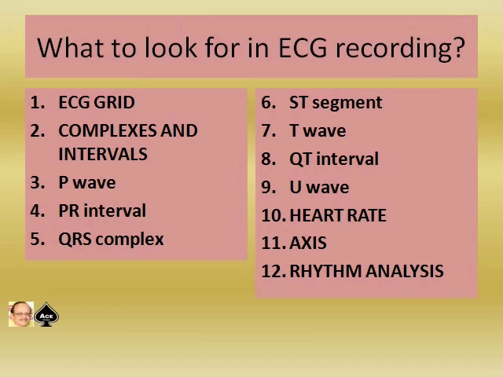When you get an ECG recording, there are mainly 12 points which you have to look for. Make sure that you are dealing with the right ECG record, which means identify the patient name, the ID number, the age, sex, the date on which the ECG was recorded, and the time at which it was recorded.